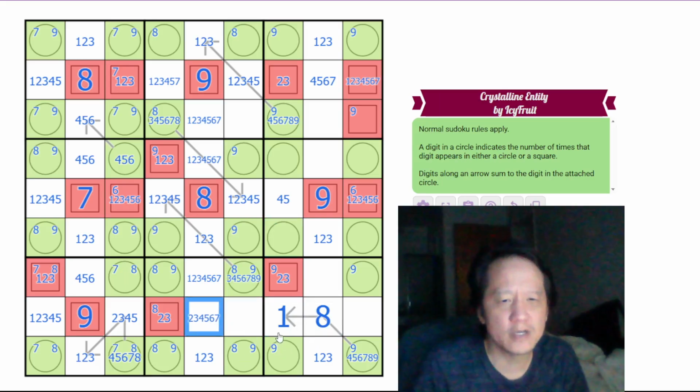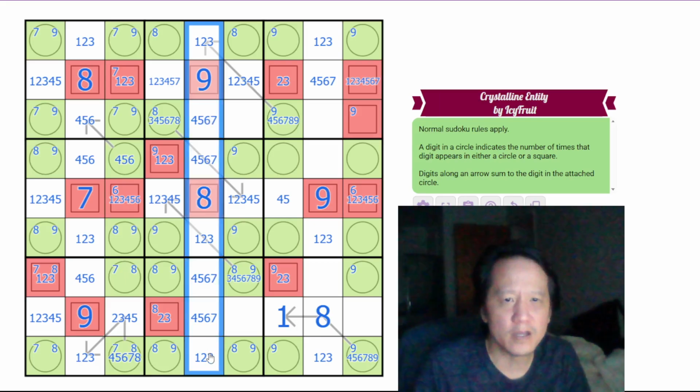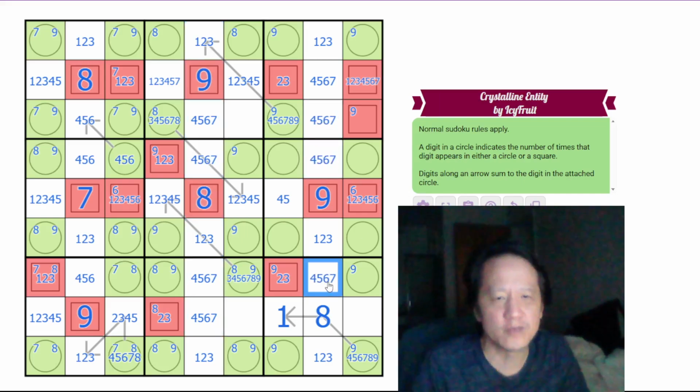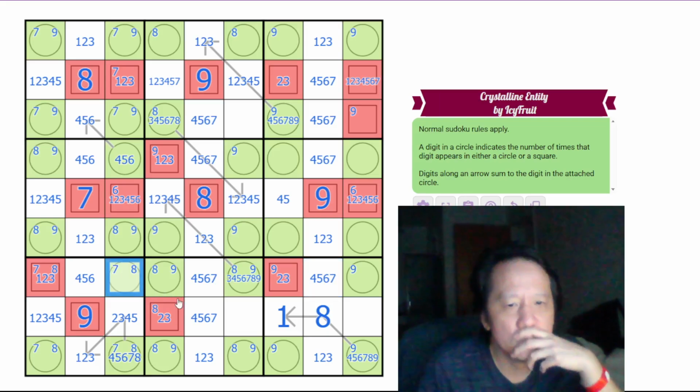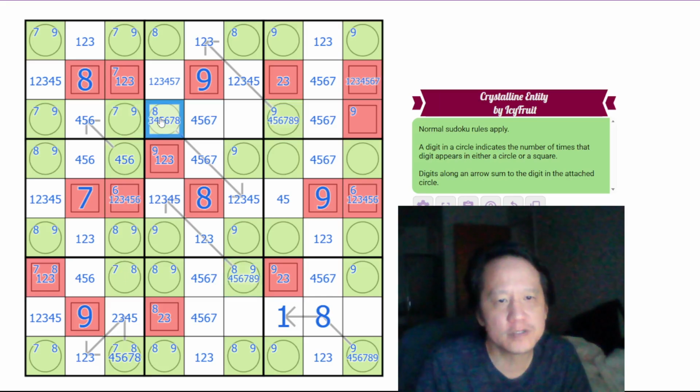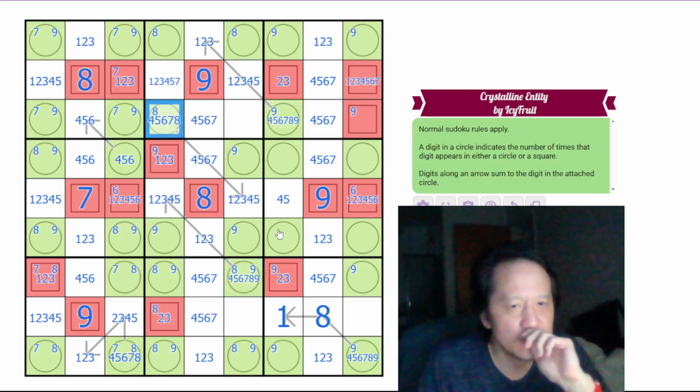This looks okay so far. Oh, this can't be 1, 2, or 3 in column 5. This is 4, 5, 6, 7 in the rest of column 8 also. This obviously can't be 3 anymore. Can't be 4.